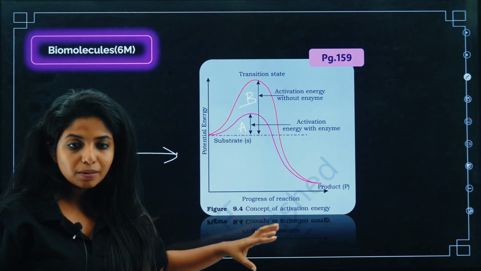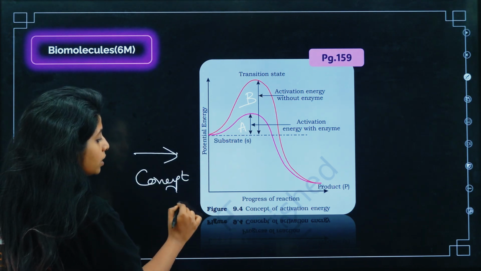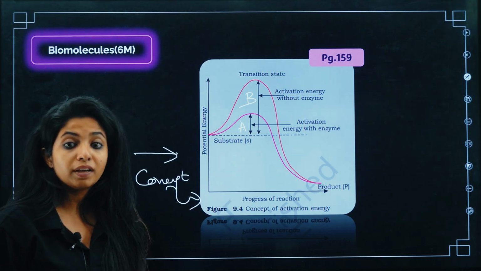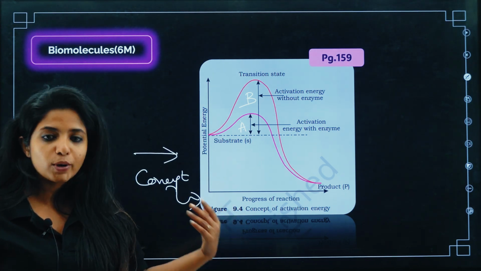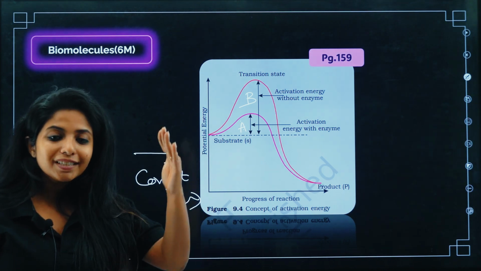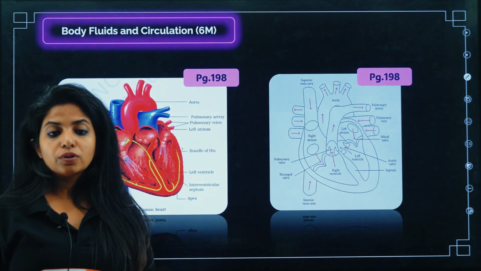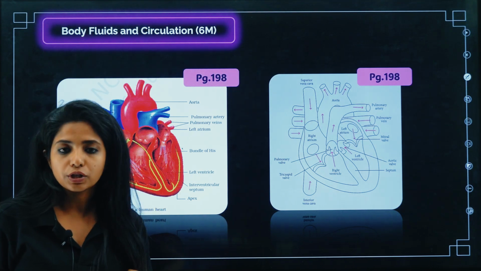All these types of questions can come. So you should know the concept behind it. If you do not know the concept, you might not know how to draw it or how to explain the diagram if it comes in the form of a question. So please go through the concept over here. Cool? It's not just the diagrams which you have to draw, it's also that diagrams could give you concept related questions.